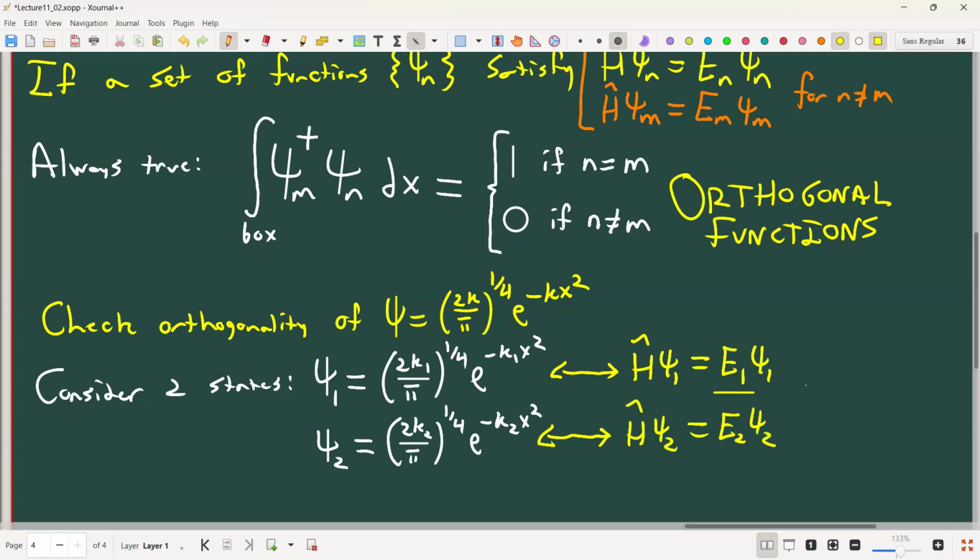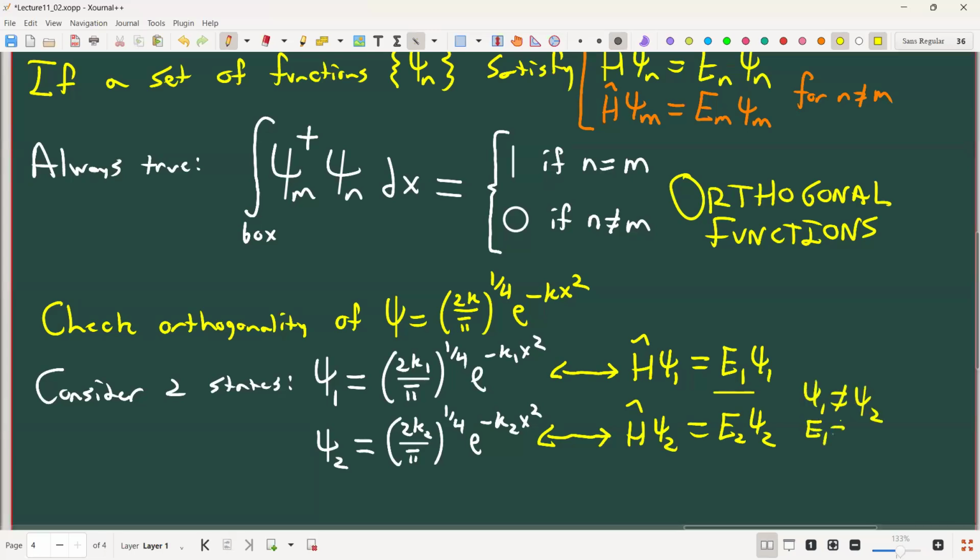Let's assume that psi 1 is not equal to psi 2, and E1 is not equal to E2. So we have two very separate states of two very different energies. Think of the first as an excited state or something like that. We don't know what the structure is yet, but they're going to have different functions because they represent different states.